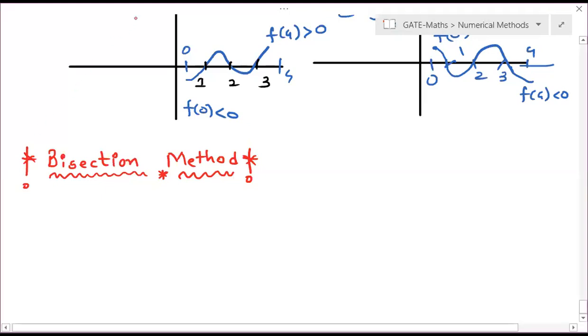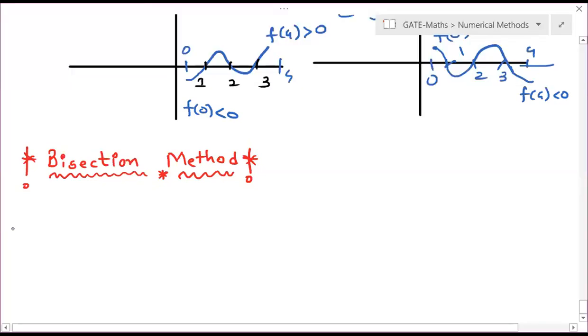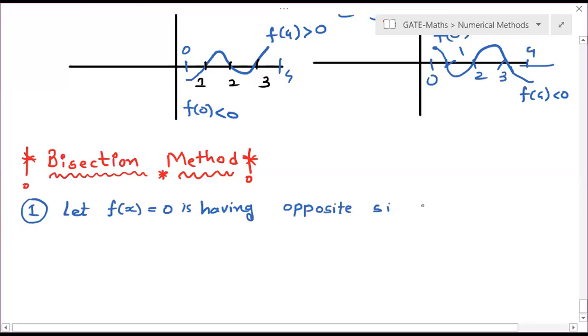So first, note down these steps. Your first step is you have to identify one interval. Let f of x is equal to 0 be your linear or nonlinear equation, having opposite signs in the closed interval a to b.